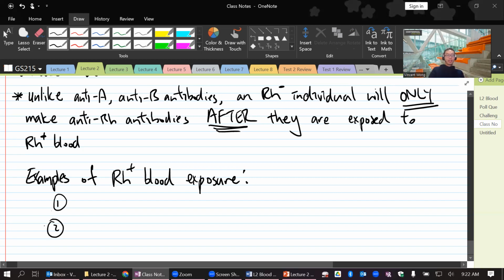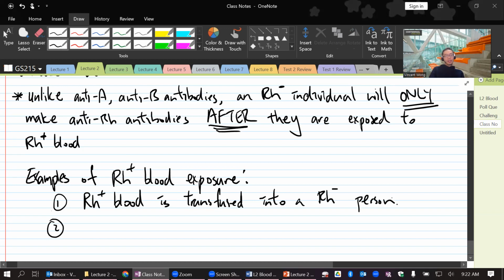That's right. Okay, so this is a blood transfusion. Rh positive blood is transfused into an Rh negative person, right? Now, I know what you're thinking. You're like, wait, hold on a minute.